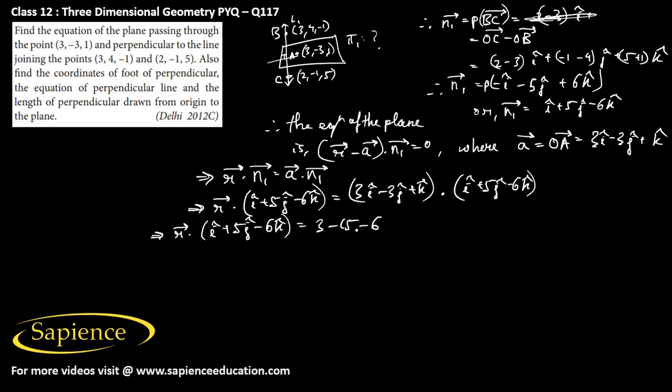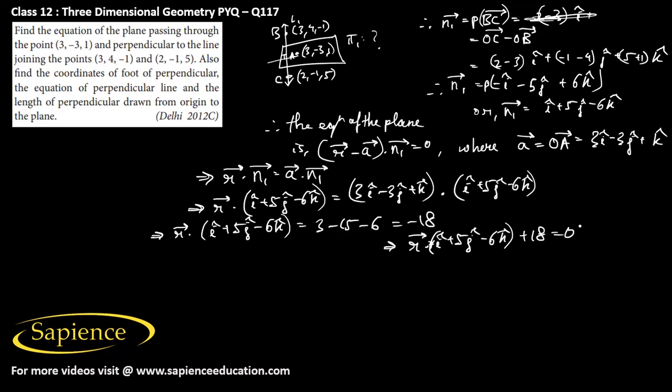So this will be equal to -18 actually. So therefore the equation of the plane we can write as r vector dot (i cap + 5 j cap - 6 k cap) + 18 equal to 0.